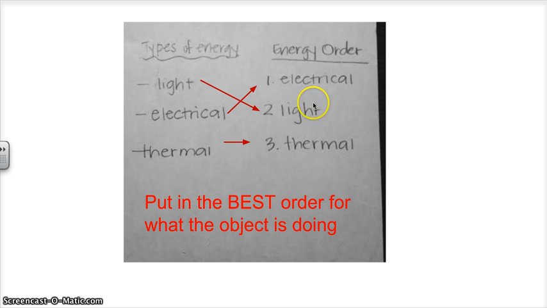It has to be plugged in order for there to be light. So that has to come first. So I'm going to write that for number 1. And then I also know that in order for the light bulb to get hot, it has to be giving off light first. So I'm going to put that as 2. And then 3 is thermal. So that's my order of energies for the lamp.